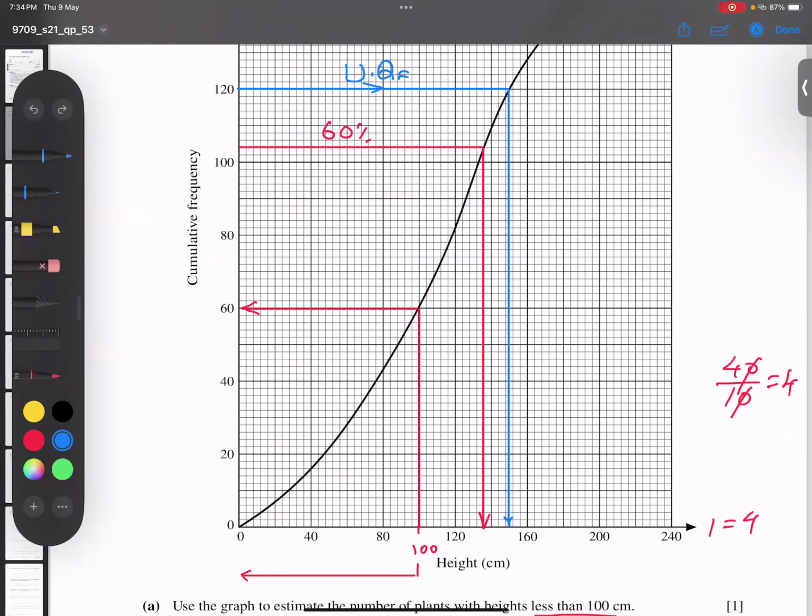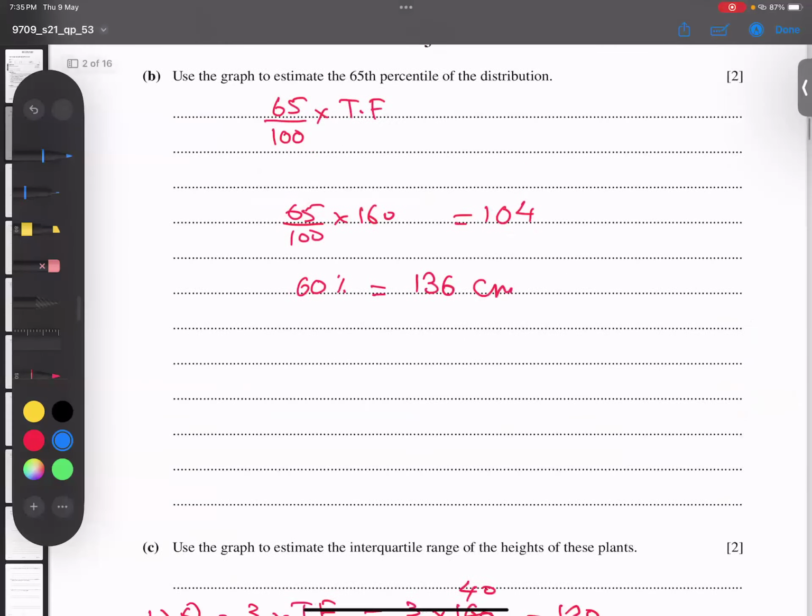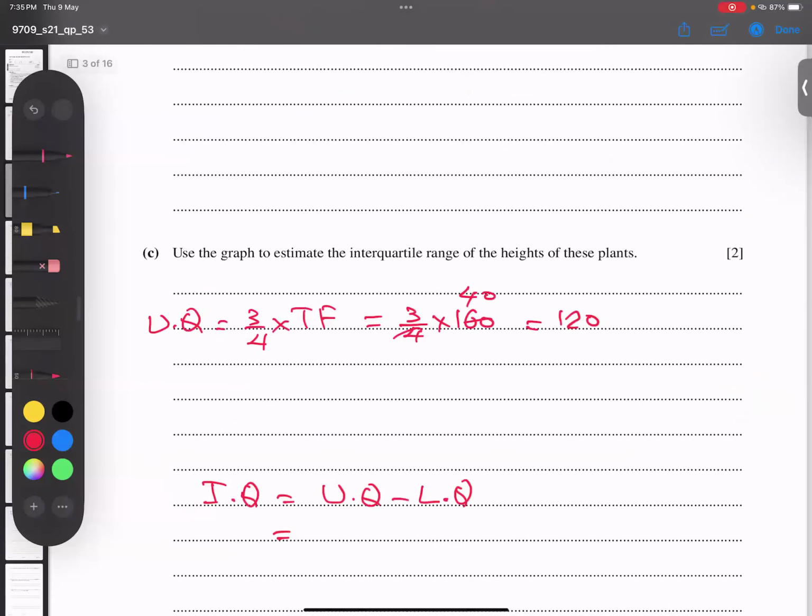Make sure this is 140. How many boxes after this? 1, 2, 2.5. So this is 4 plus 4, 8, and 10, so this is 150. So I got the upper quartile 150.